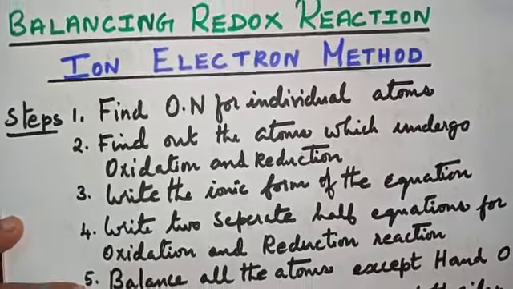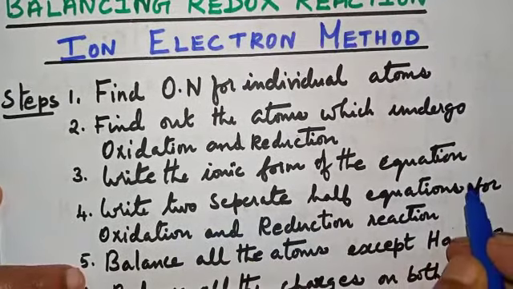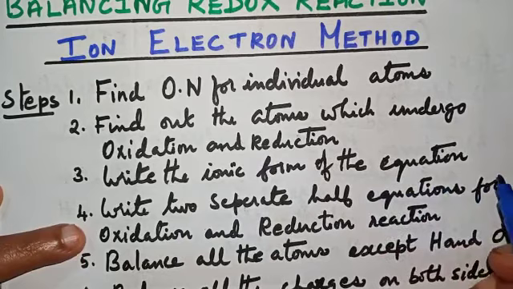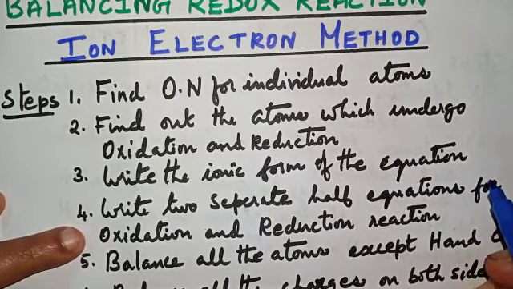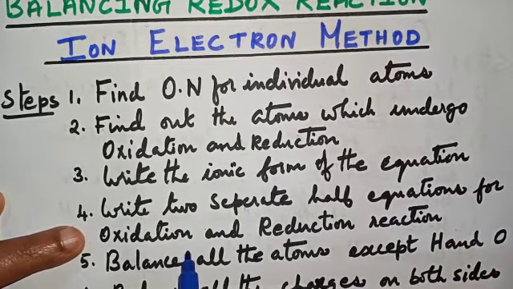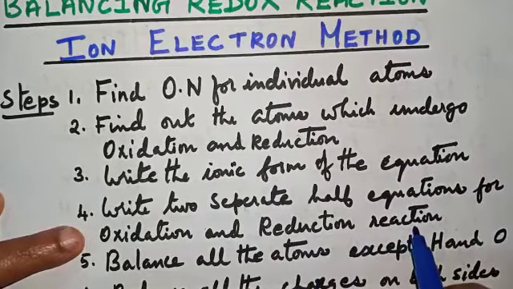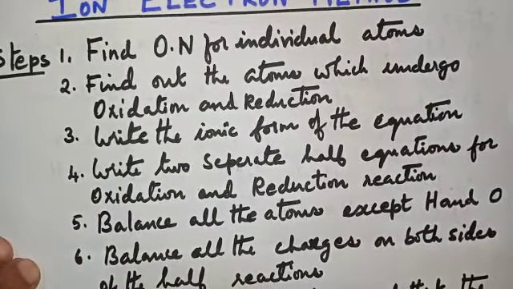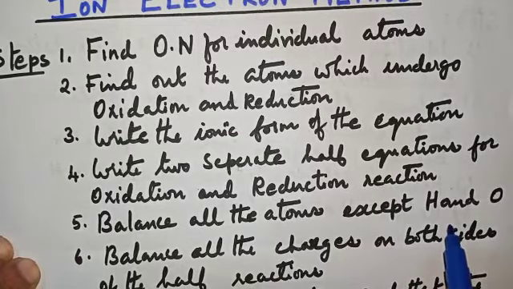Now in the third step, we have to write the ionic form of the equation, the ionic form of the redox reaction. Fourth step, we separate that equation into two halves, the oxidation half reaction and the reduction half reaction. Now in the fifth step, we balance all the atoms except hydrogen and oxygen.